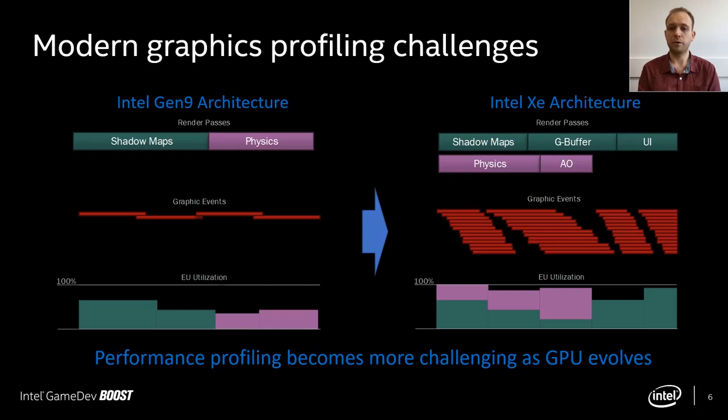And therefore, all of this uses hardware differently compared to less parallel use cases, for example, which was on previous generations of the hardware. This in turn brings new performance profiling challenges, as you not only need to look at performance of individual draw calls, but also you need to take into account the coexistence and co-execution of draw calls on GPU as well.